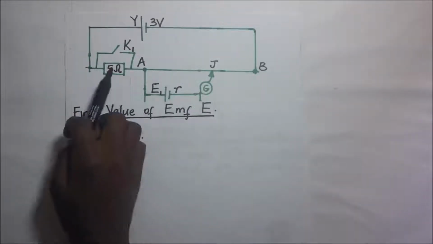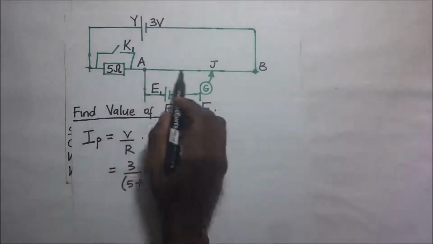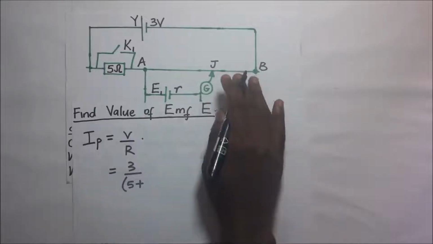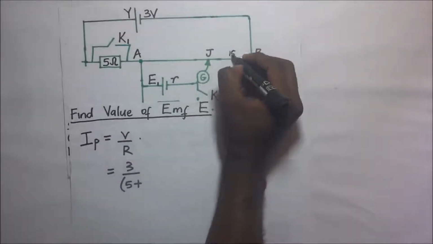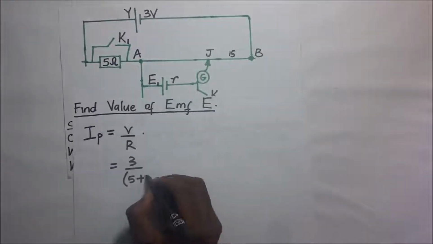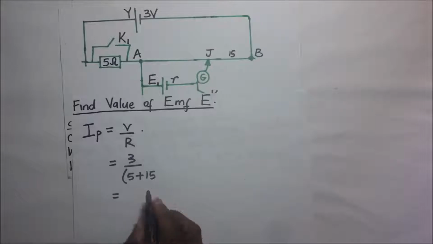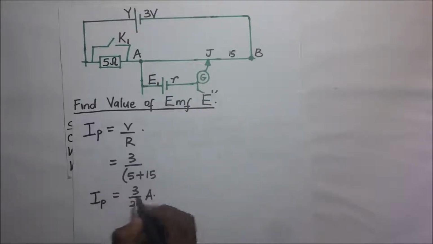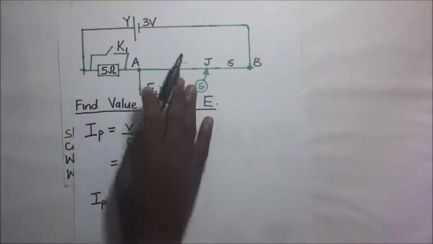Of course, we have 5 ohms, and we add that to the resistance of the wire AB, which is 15 ohms according to our question. And here we will have 3 over 20 amperes, that is the amount of current being given off by the primary circuit.